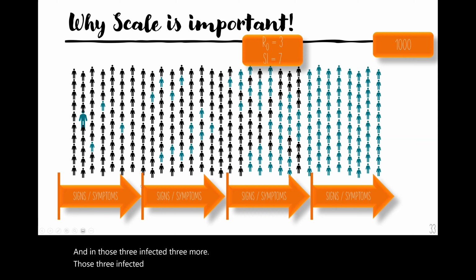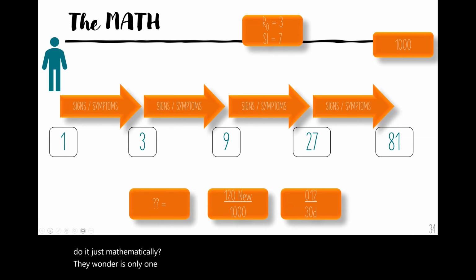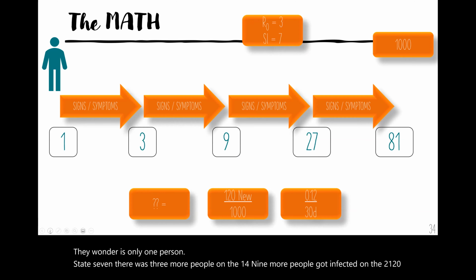Mathematically, on day 1 there was only 1 person. On day 7, there were 3 more people. On day 14, 9 more people got infected. On day 21, 27 more people got infected, and so on.